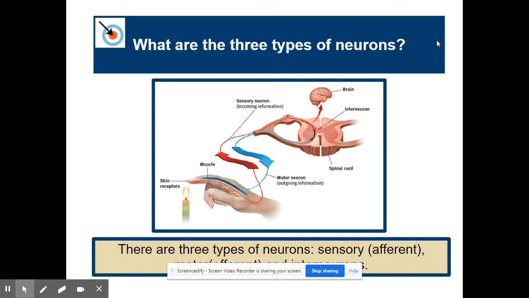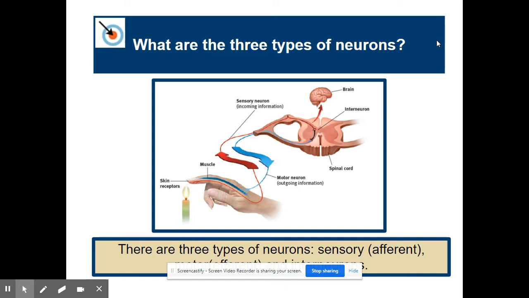There are three types of neurons we've talked about. There are sensory neurons, also known as afferent neurons. They are the ones on our periphery that receive sensory information from the outside world, then communicate to our motor neurons, to our interneurons, which are located in our spinal cord and our brain, then translate to information our brain understands, which then turns around and sends information back through our motor neurons so our body understands what is happening.